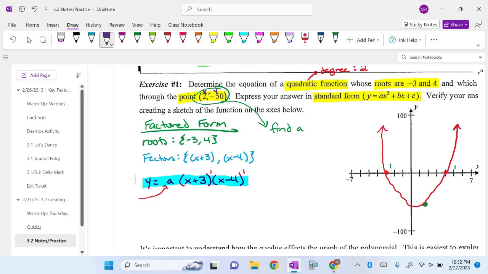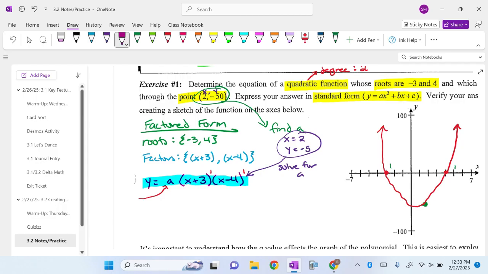So couldn't we plug 2 in for x and negative 50 in for y and solve for a? Yes, no, maybe? What do you guys think? So if x is equal to 2, y is equal to negative 50, we can then plug those in to our current function and solve for a. So I'm going to do that.